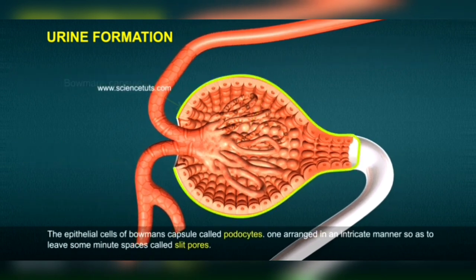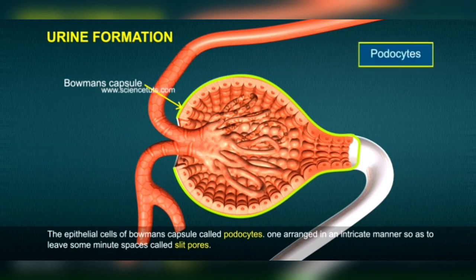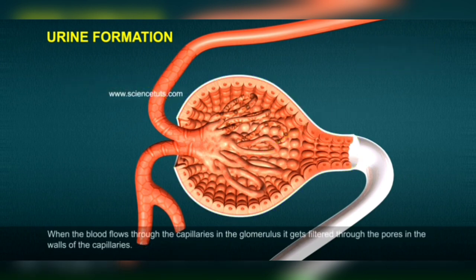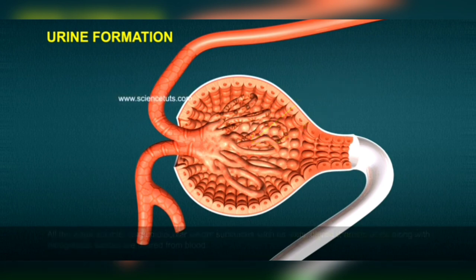The epithelial cells of Bowman's capsule, called podocytes, are arranged in an intricate manner so as to leave some minute spaces called slit pores. When the blood flows through the capillaries in the glomerulus, it gets filtered through the pores in the walls of capillaries.